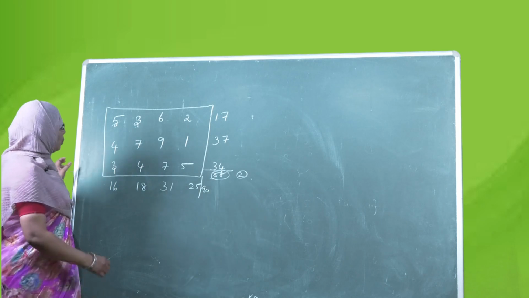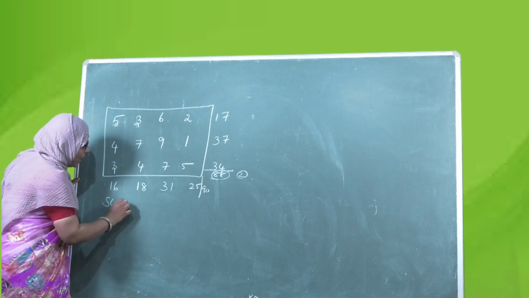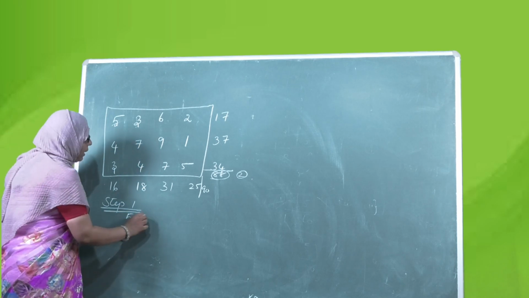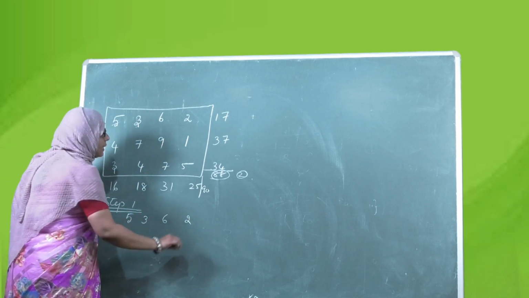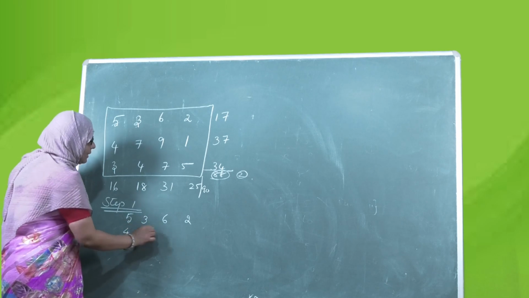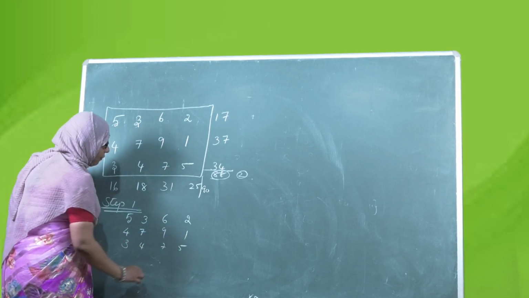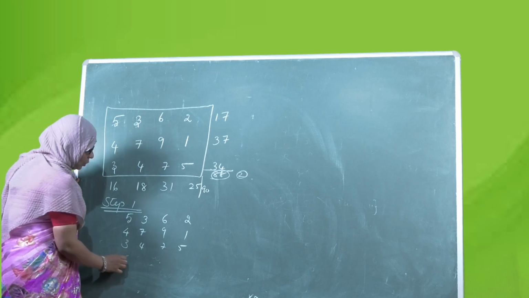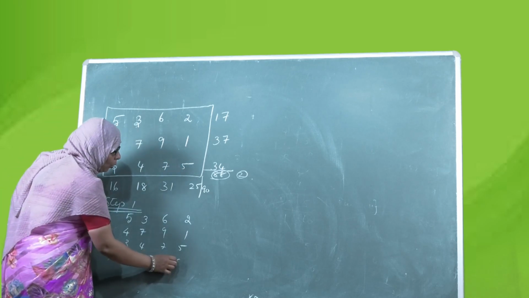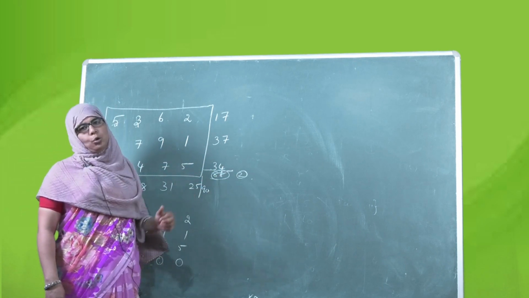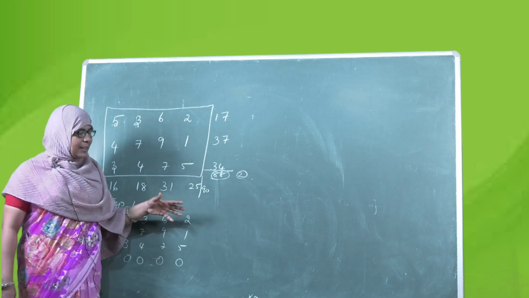So first of all, you have to balance the problem. So 5, 3, 6, 2, 4, 7, 9, 1, 3, 4, 7, 5. The last row is the dummy row because of the lacking element. The lacking element is 2, so you have to compensate.